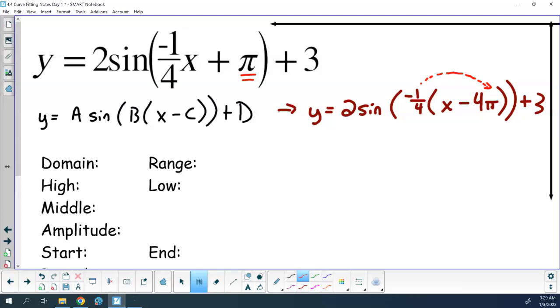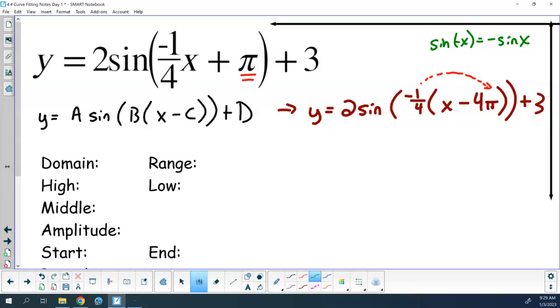Now I can use my identity. One of the identities on our identity sheet says that the sine of negative x is equal to negative sine of x.